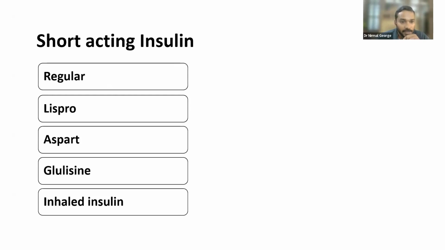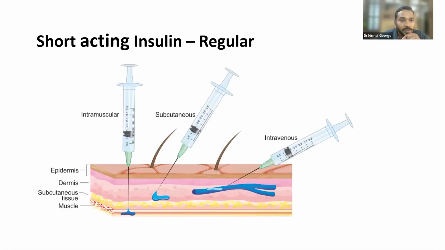Regular insulin has a longer duration of action. Still, it is short-acting. Regular insulin can be administered intramuscularly, subcutaneously, and also intravenously. The most common route of administration is subcutaneous, but the intravenous route is used in emergency conditions like diabetic ketoacidosis. Usually this regular insulin is formulated with zinc.